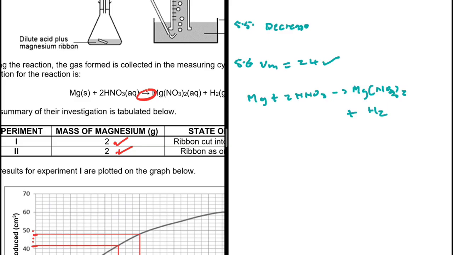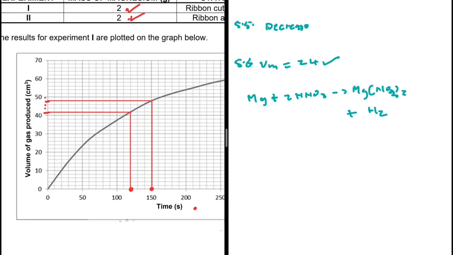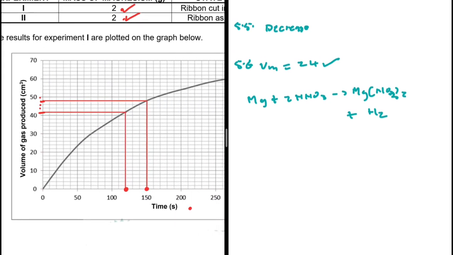So we are bound to use that. So what is the mass of the remaining magnesium at the end of the reaction? How can we possibly do that? Well, we have a graph that shows us the volume of gas produced, right? So we can find the number of moles of the gas produced.